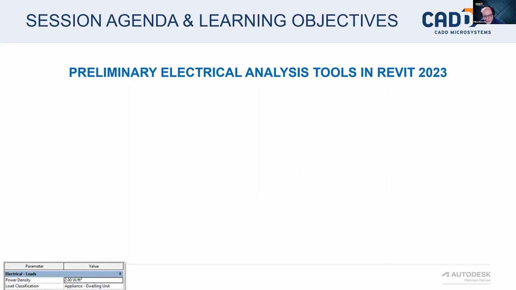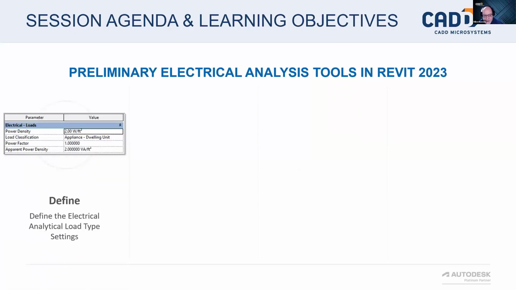The first section is define, where you can start defining the electrical analytical load type settings. There are some new settings in Revit that I'll show you that we can set up to get our projects ready for this analysis. This is the first step.